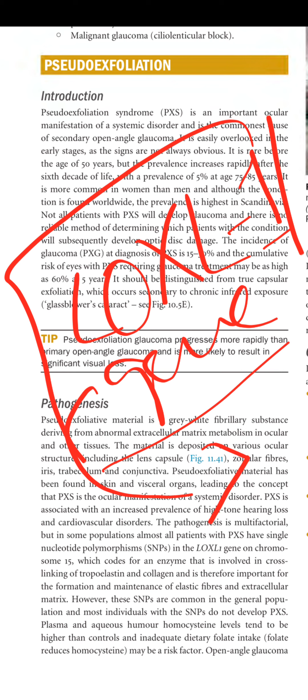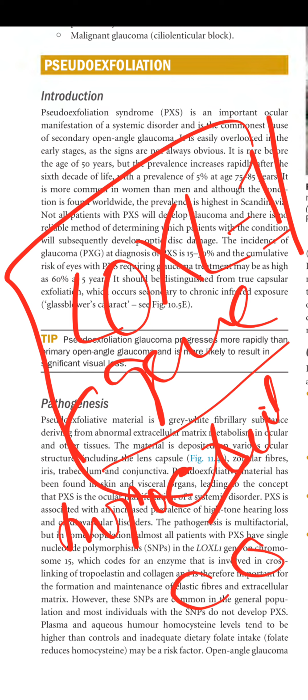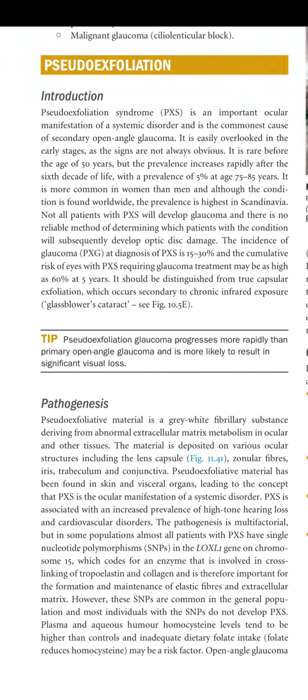So what is the role of the LOXL1 gene? It codes for an enzyme which cross-links tropoelastin and collagen, and it is important in the formation and maintenance of the extracellular elastic fiber and extracellular matrix. However, these SNPs are common in the general population, and most individuals with SNPs do not develop pseudoexfoliation. So it can also be found in normal people as well.